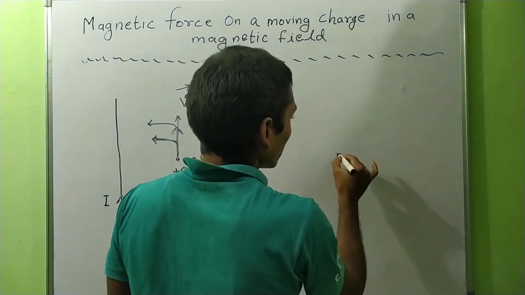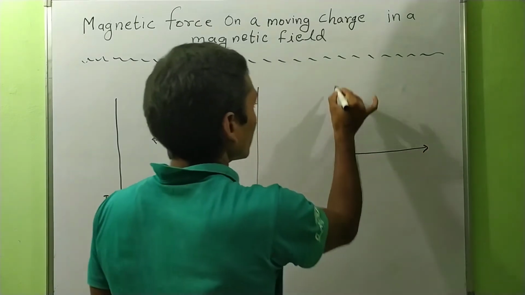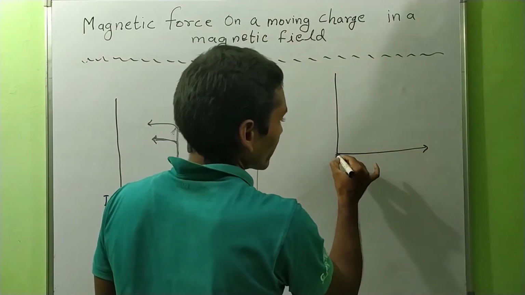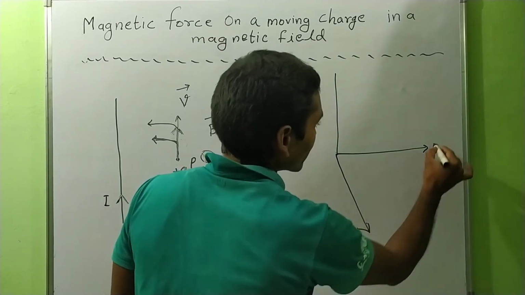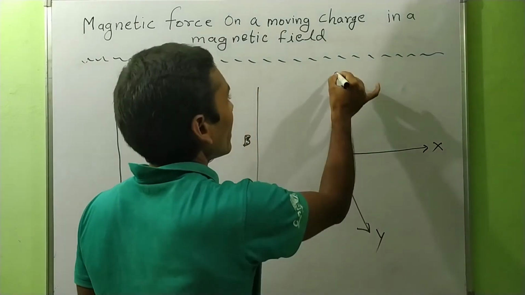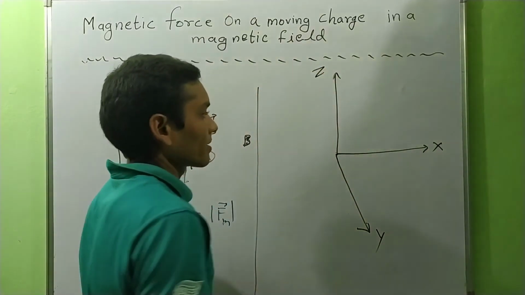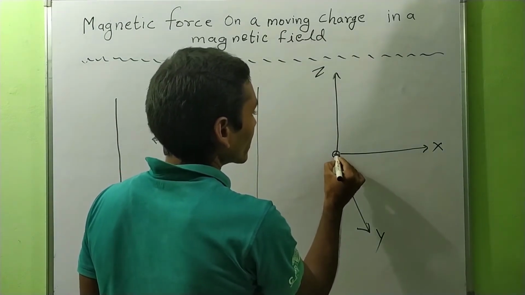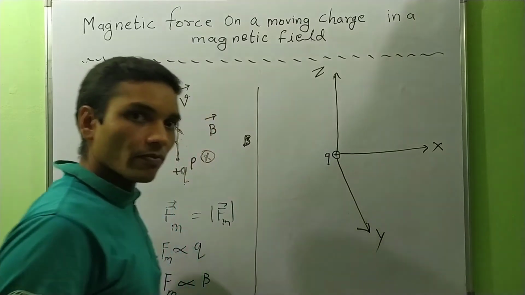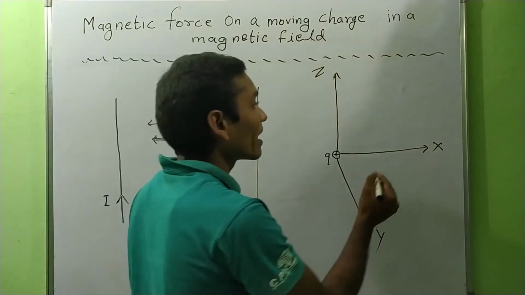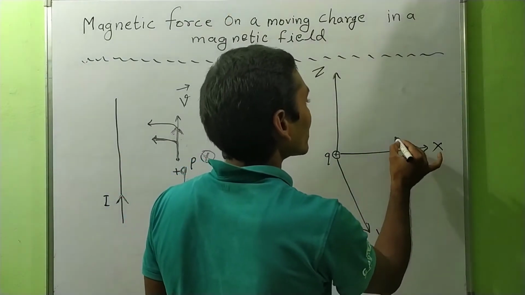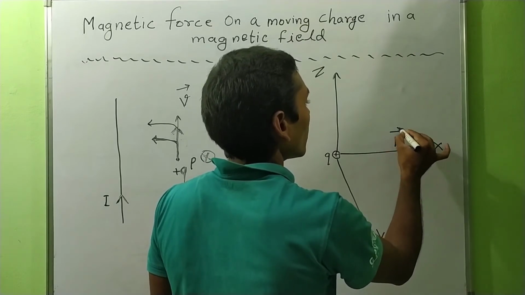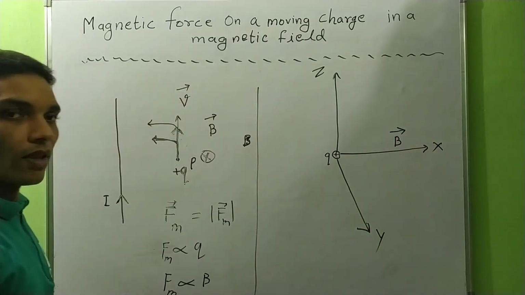Let this be the x-axis, this the y-axis, and this the z-axis, and here a plus q charge is placed, and the direction of magnetic field is taken along the x-axis.